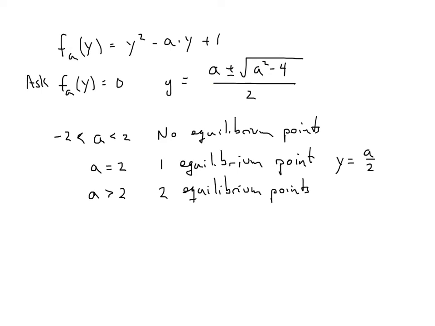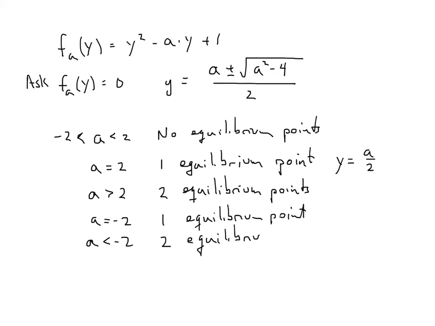Moving in the other direction, when A is equal to -2, I only have one equilibrium point. And when A is smaller than -2, again I have 2 equilibrium points.